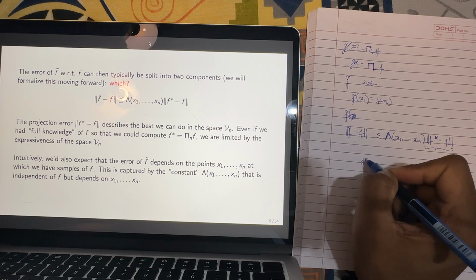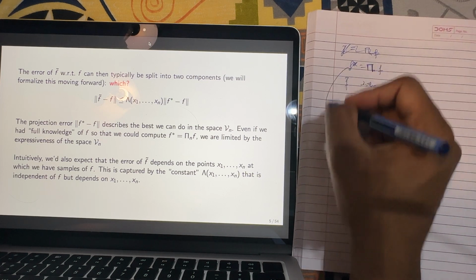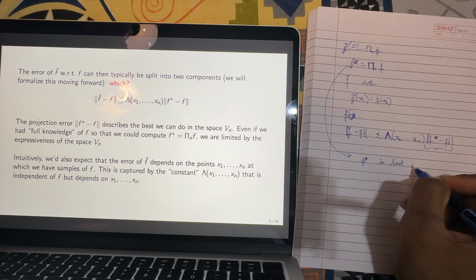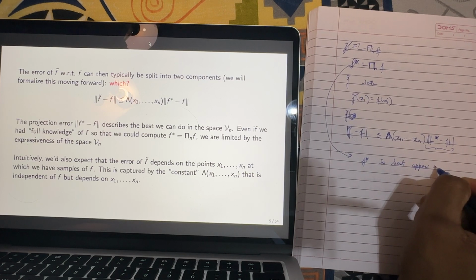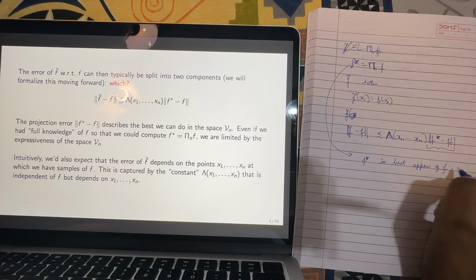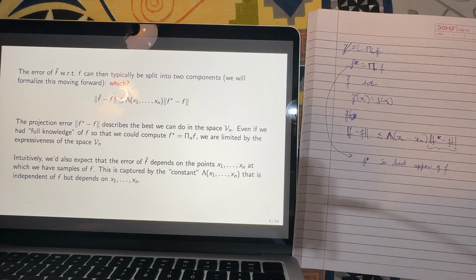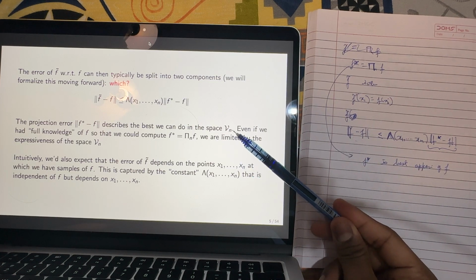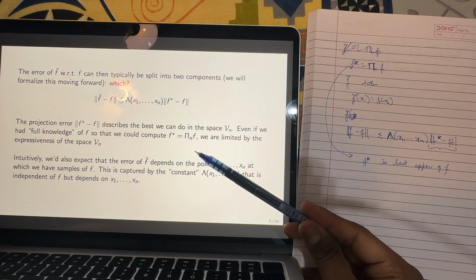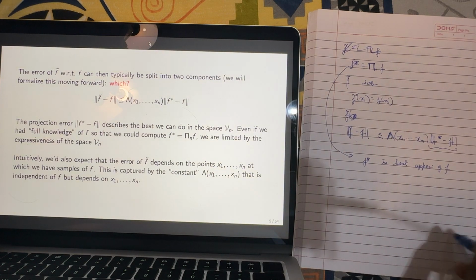This means f star is the best approximation of f in this space, whatever space we are in. So the projection error describes the best we can do in the space Vn. Even if we had full knowledge of f, we could only compute this. We are limited by the expressiveness of the space Vn.